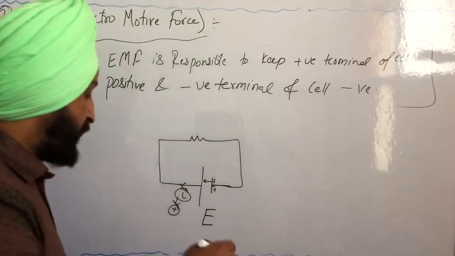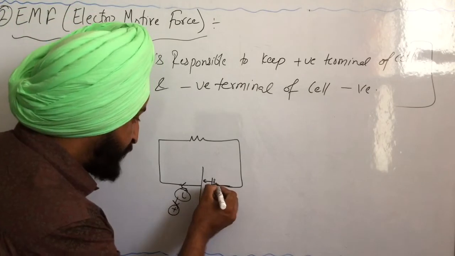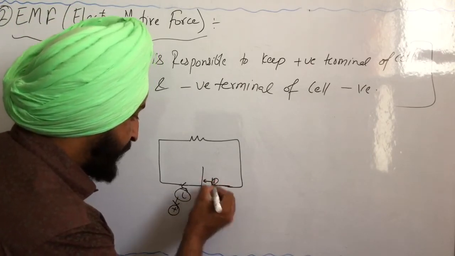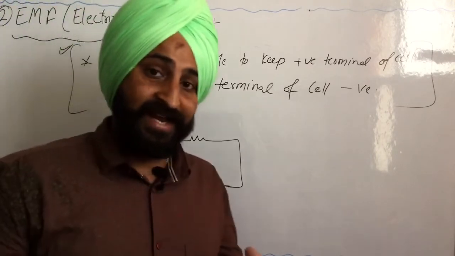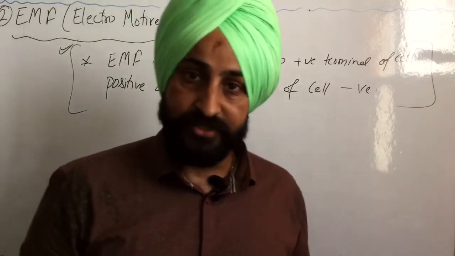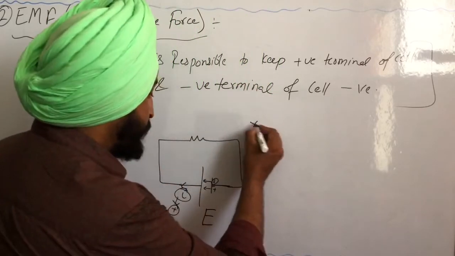Fine. Now when this positive charge is moved inside the cell, again there occur some collisions. See, I am writing it over here.